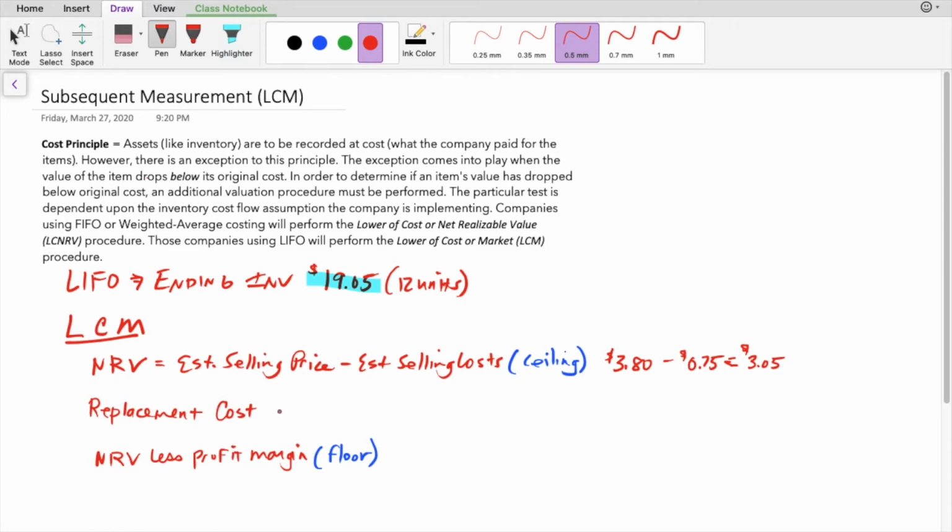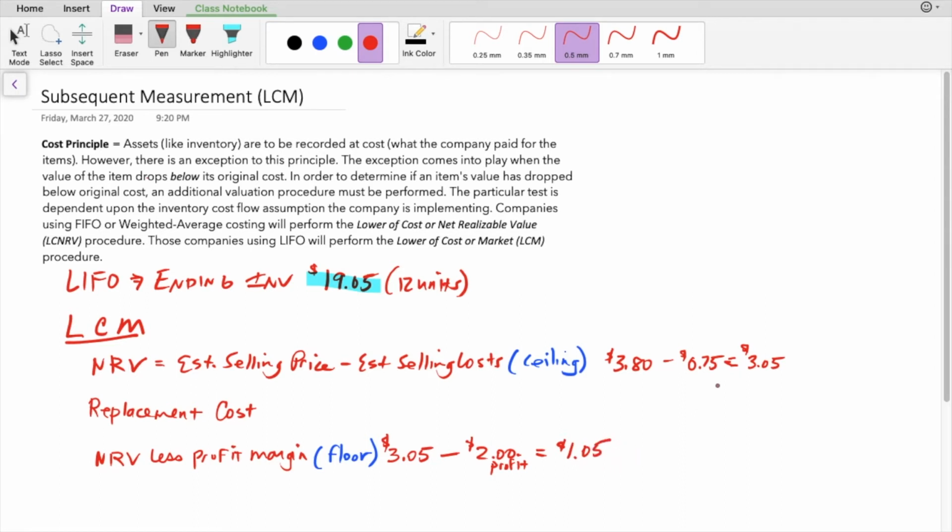Now, the floor, well, if we have a net realizable value of $3.05, we need to know what our typical profit is on the items. So let's say that our typical profit on the items is $2, which means my net realizable value less my profit would be $1.05.